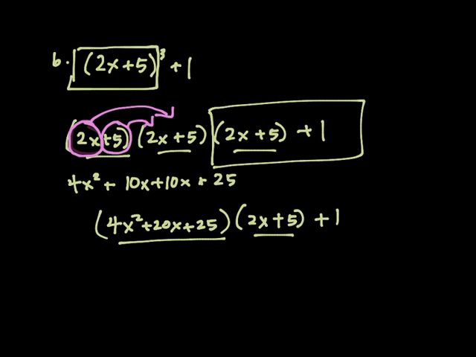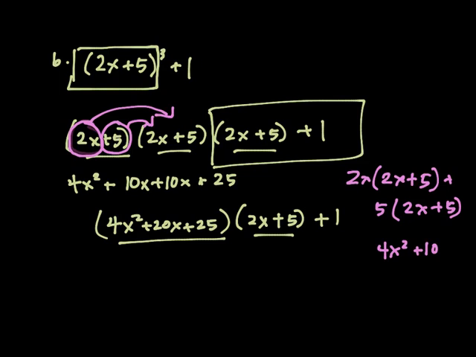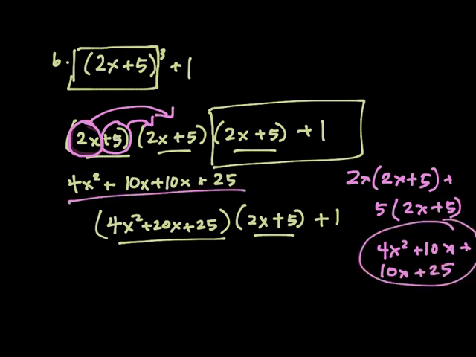So basically it looked like 2x times (2x + 5), and then plus 5 times (2x + 5). So then you end up with 4x squared plus 10x, and then plus 10x plus 25. This is basically what this was right here.